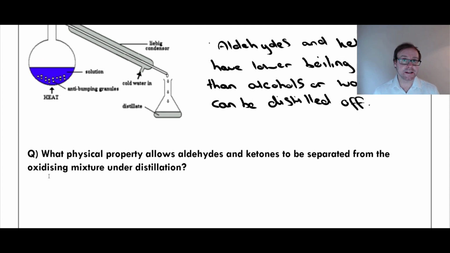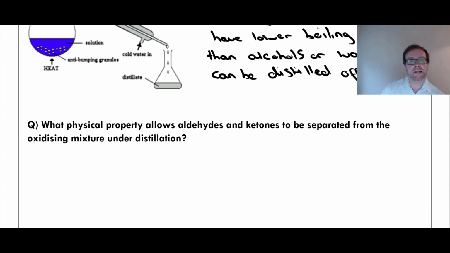So basically we've answered this next question. What physical property allows aldehydes and ketones to be separated from the oxidizing mixture under distillation? It's because of their boiling points.